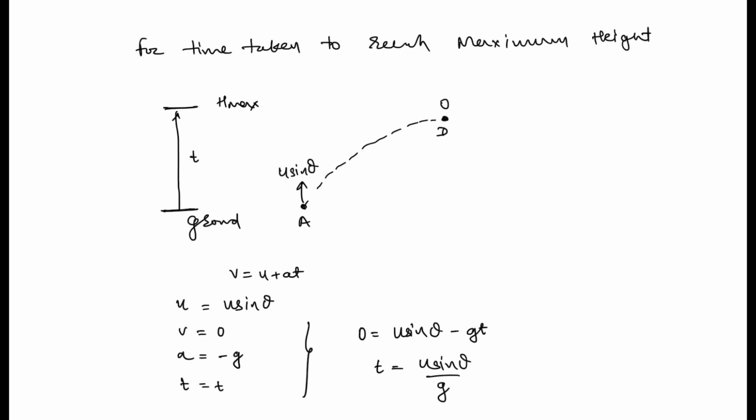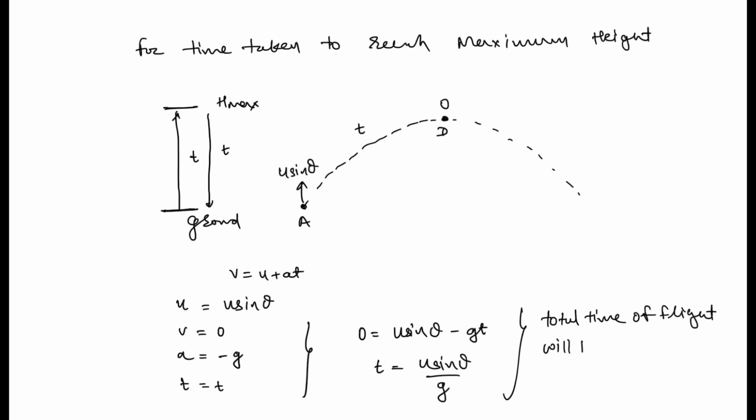Now it goes in time t to maximum height, and it has to come back to the ground, so another t time is taken. So we can write the total time of flight will be 2t, and time of flight T is equal to 2u sin theta divided by g.